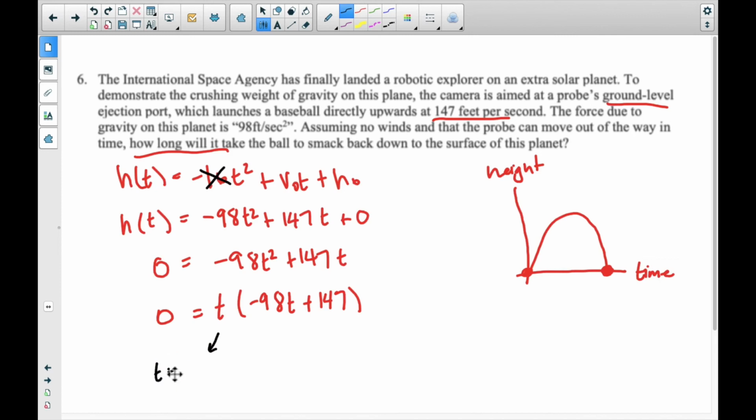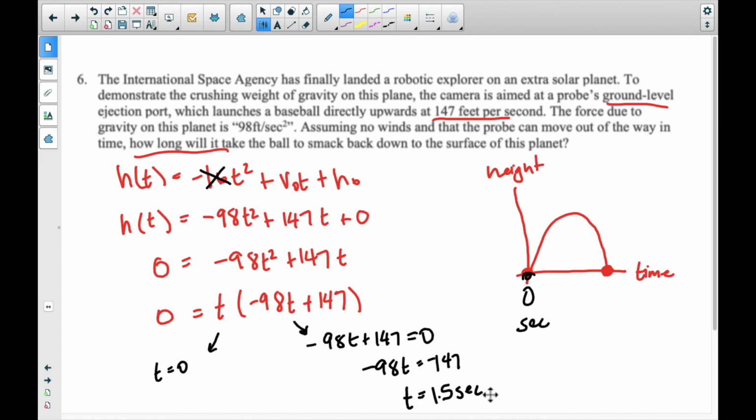So this one gives me t equals 0. Well, that one is over here. I already knew that. This one is going to give me the other one. And so I'm going to set this factor equal to 0 and solve it. I'm going to subtract 147 from both sides, and then I'm going to divide by negative 98. And so when I take 147 divided by 98, I get 1.5 seconds.